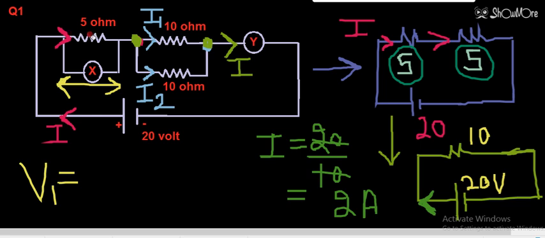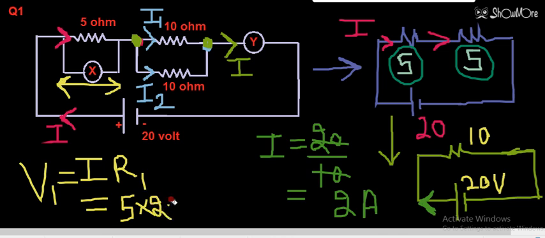So V1 is equal to I into R1, where R1 is 5 ohm. So V1 is equal to 5 into 2, where 5 is the value of resistance and 2 is the amount of current. So 5 into 2 is equal to 10 volt.